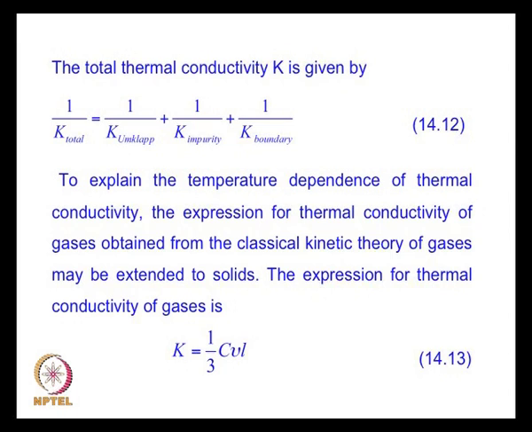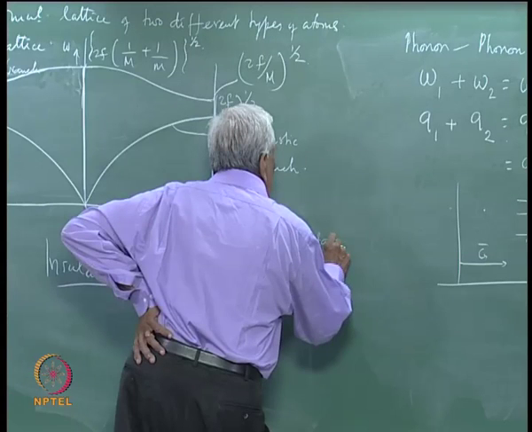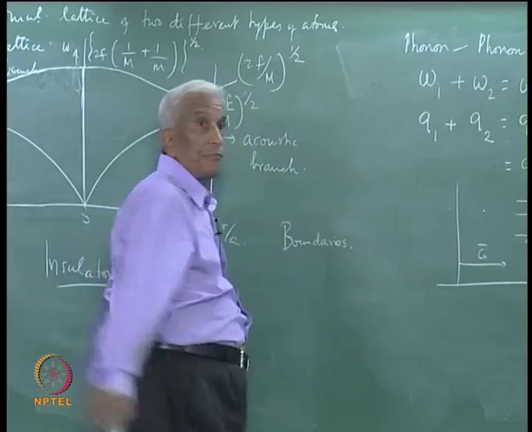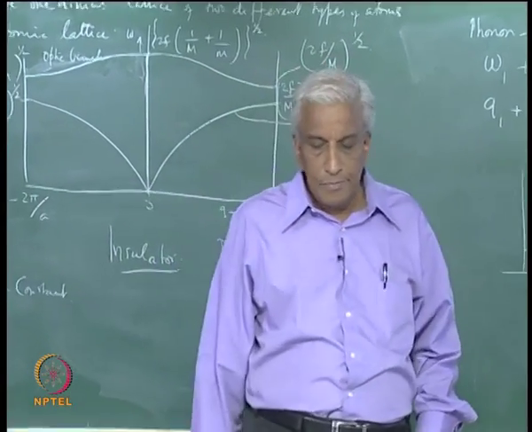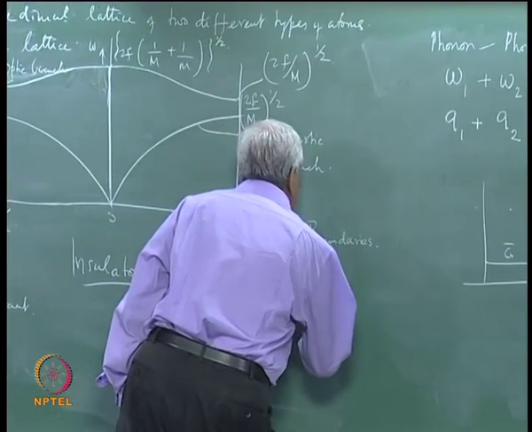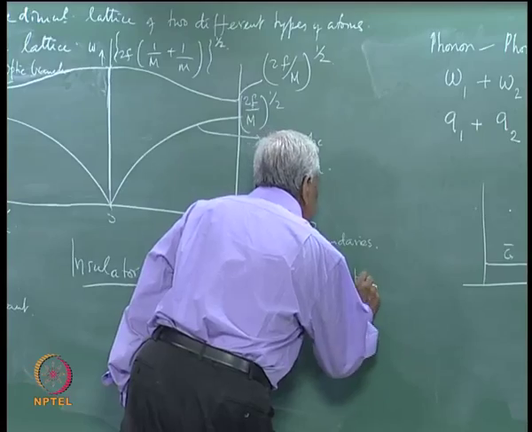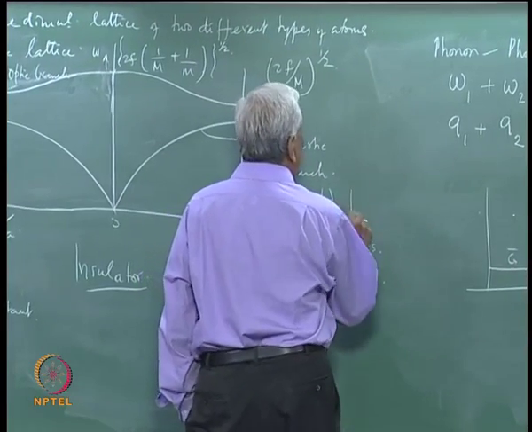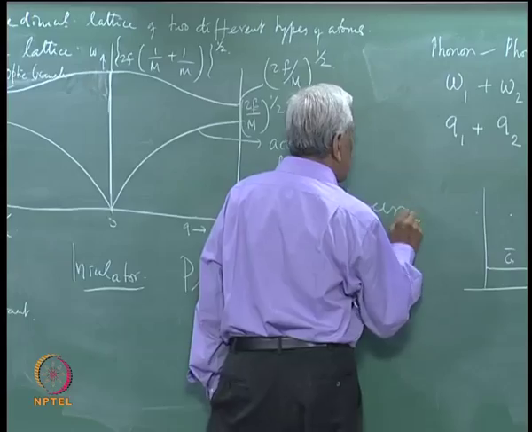So, these are the processes which can contribute to thermal resistance. In addition, you can also have boundaries like grain boundaries, and then there can be impurities. It is the Umklapp process which is dominant in thermal conduction due to phonons.